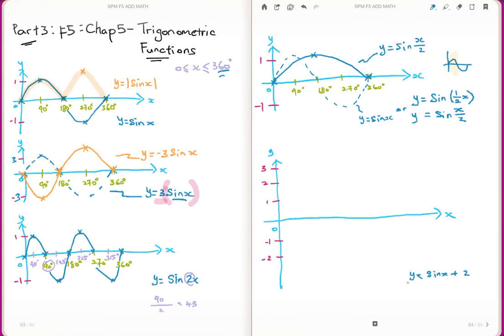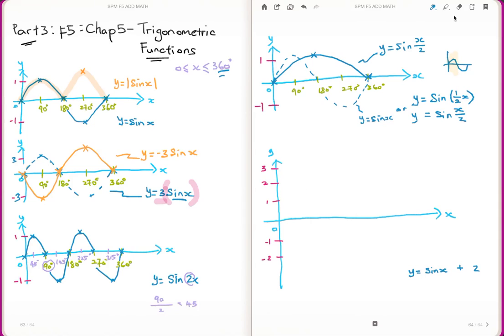Maybe I write it the better way so that I can really see what I'm trying to tell you. Maybe I write it over here. Y equals sine x plus 2. Okay, I think this should be quite clear.